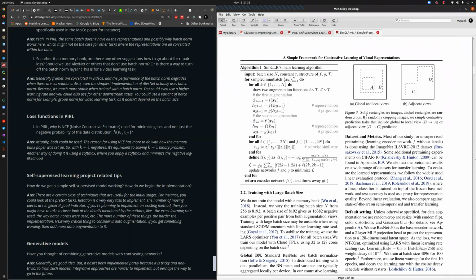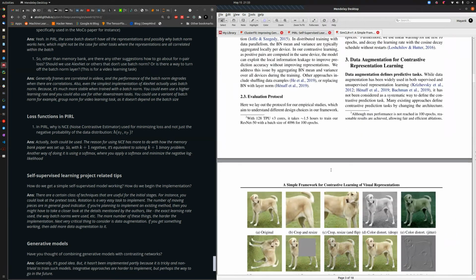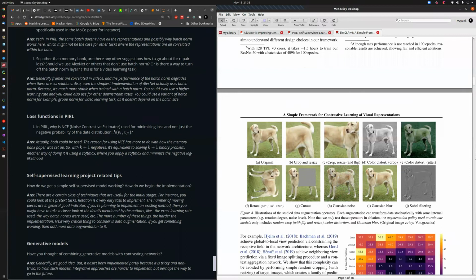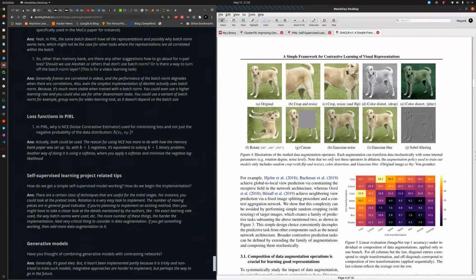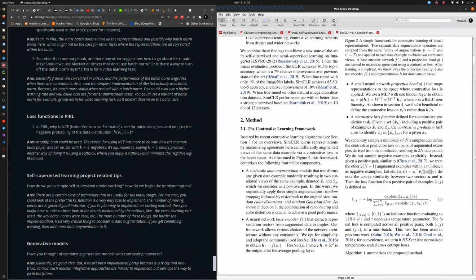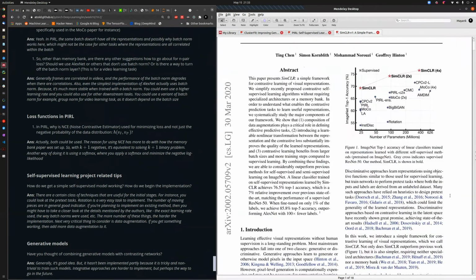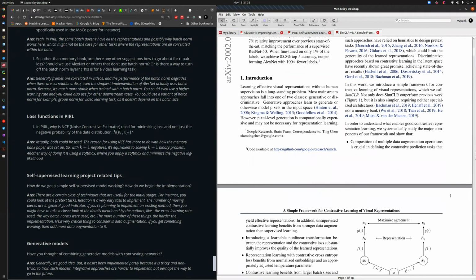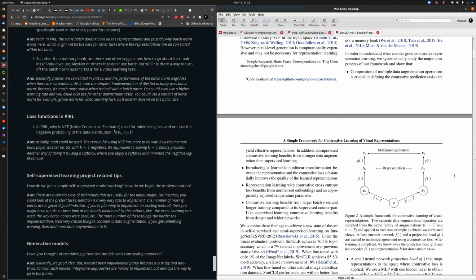This is with respect to the global and the local view. So these are the augmentations that they used in SimCLR. They mostly focused on augmentations, but they didn't use negative sampling.